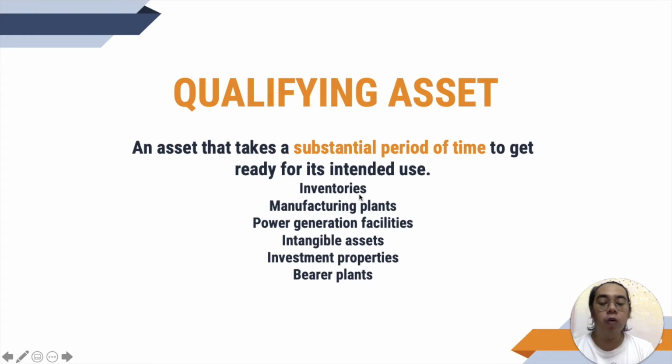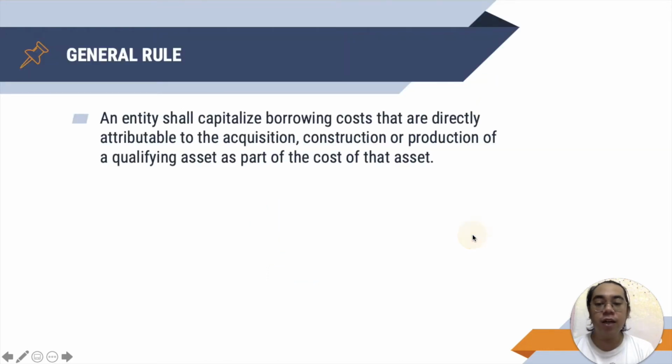What you need to remember is that it takes a substantial period of time before the asset becomes ready for its intended use. So the general rule is, you capitalize the borrowing cost if it's directly attributable to the qualifying asset. So only for a qualifying asset.